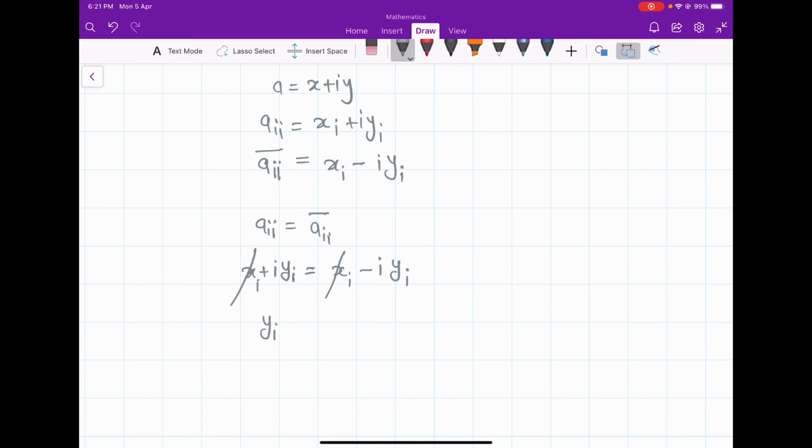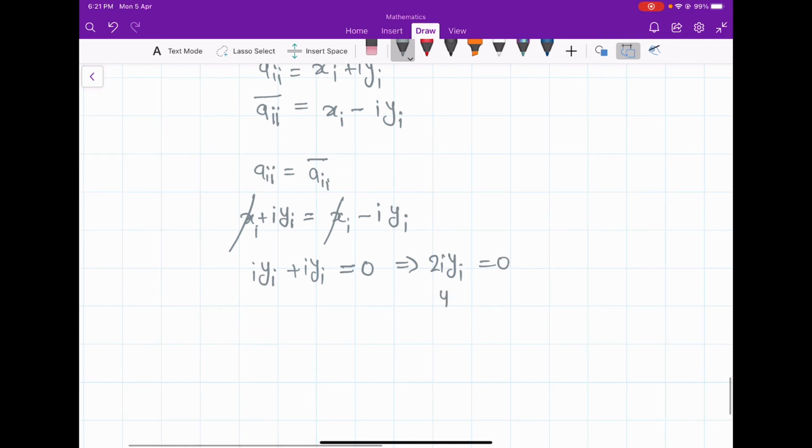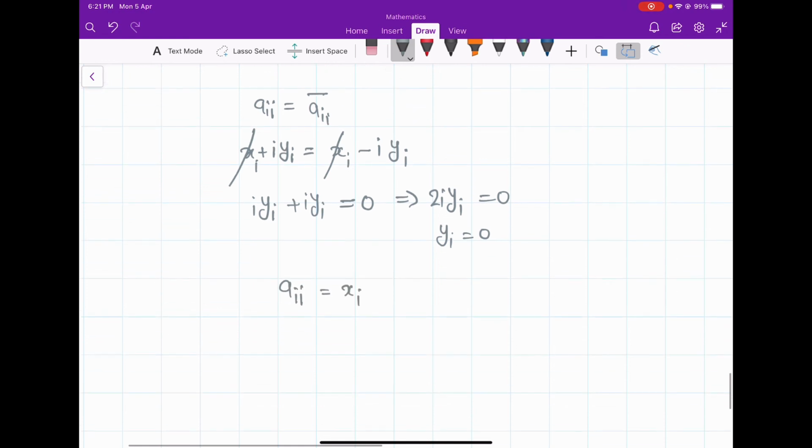So yi plus i yi is equal to 0, that is 2 times i into yi is equal to 0, that is yi is equal to 0. So Aii will be only xi. Here you can see the imaginary term will be 0. So the diagonal elements will be real in the case of a Hermitian matrix.